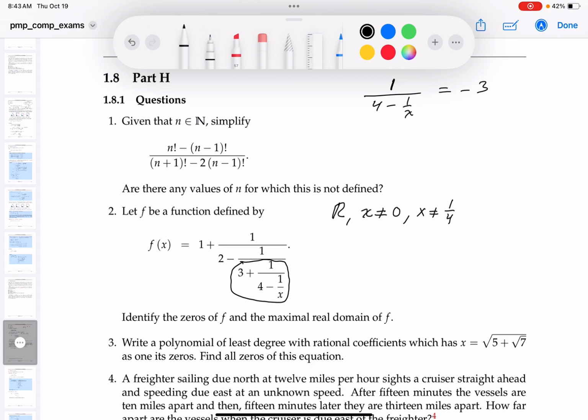And I need to solve that. So what do you have here? You get 1 equals minus 12 plus 3 over x. I'm going to add 12 to both sides. That's 13 equals 3 over x. So x is 3/13. So I can say 3/13 is not allowed in either.